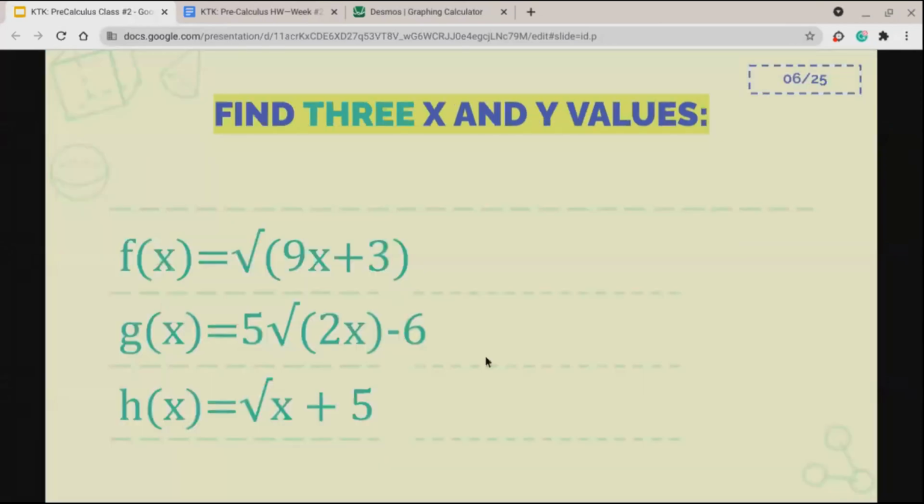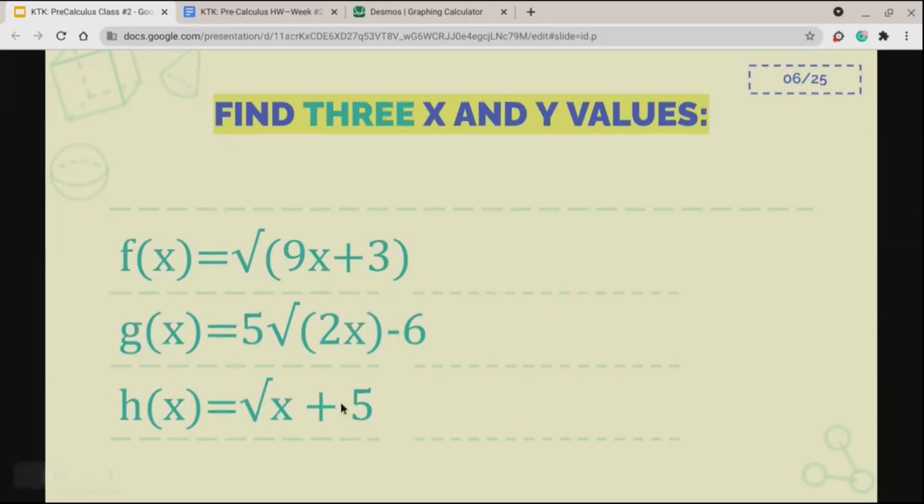So what we went over in this example, finding the 3 x and y values, is we found samples that would give us a whole number if we plugged it in as the x value into that equation. For the last one, some people would plug in perfect squares like 4 or 16 or 25, numbers that give you a whole number.